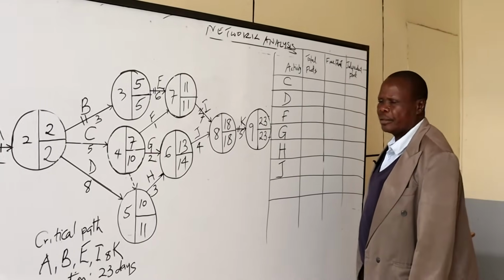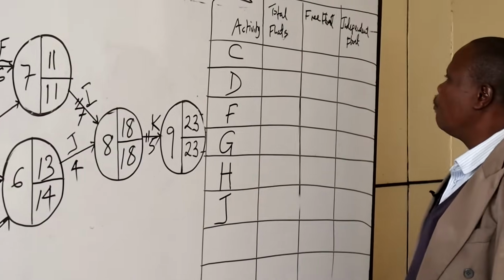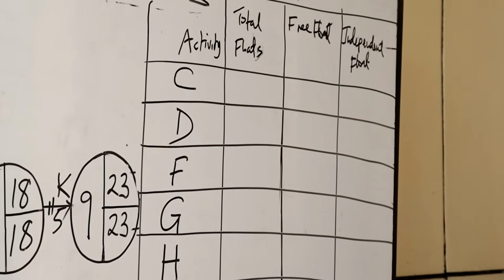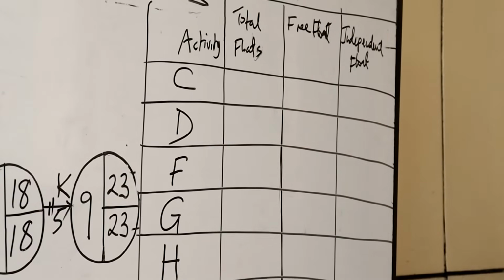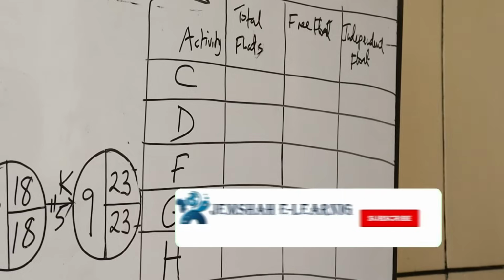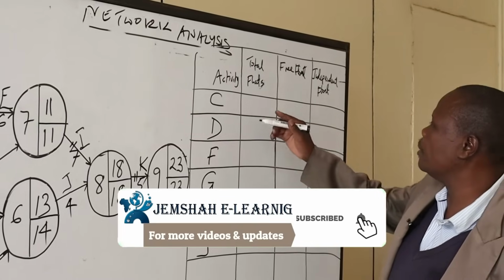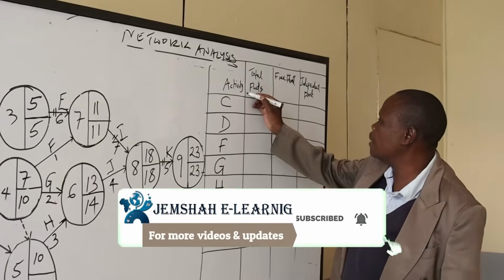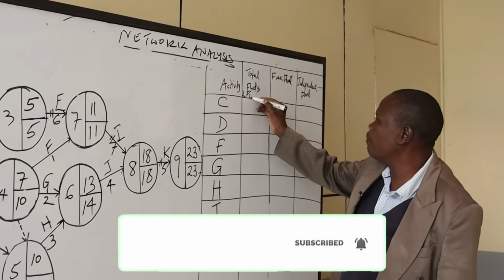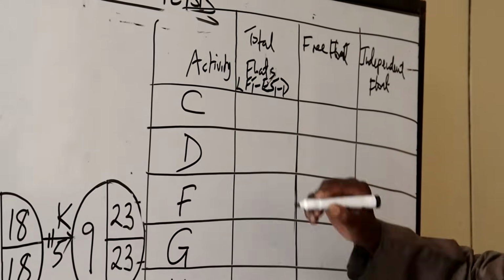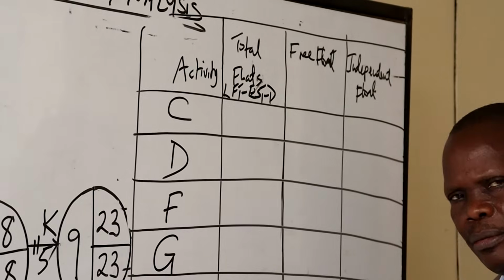Now, for us to calculate the total floats, there must be a formula. In fact, I had given a formula out. Let me write them again. Total float is calculated as latest finishing time for the activity minus earliest starting time for that activity minus the activity duration.